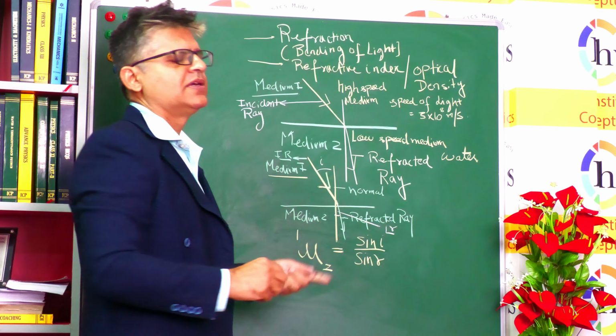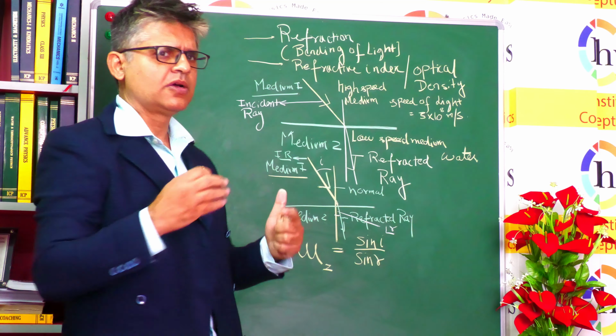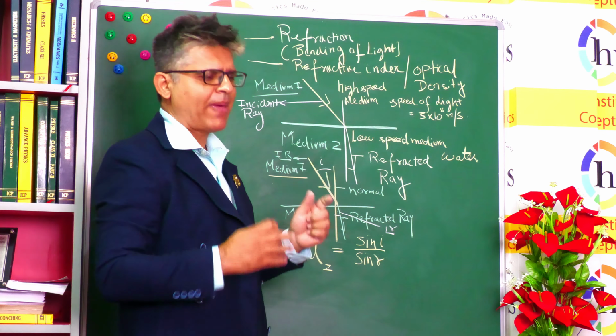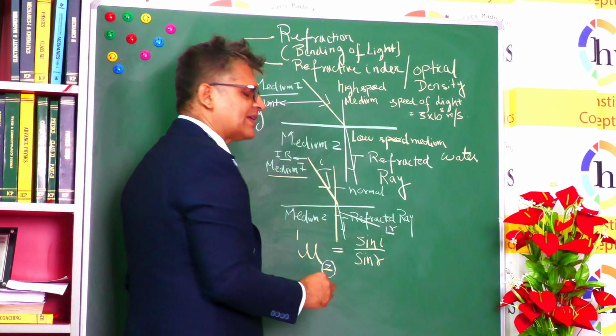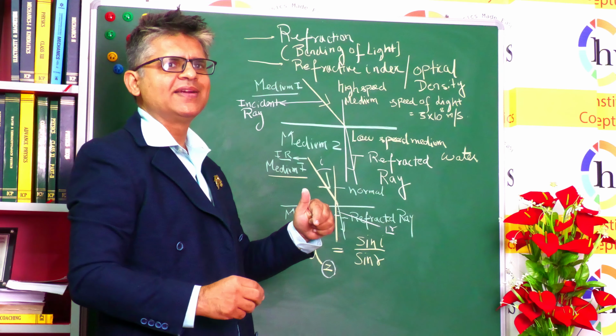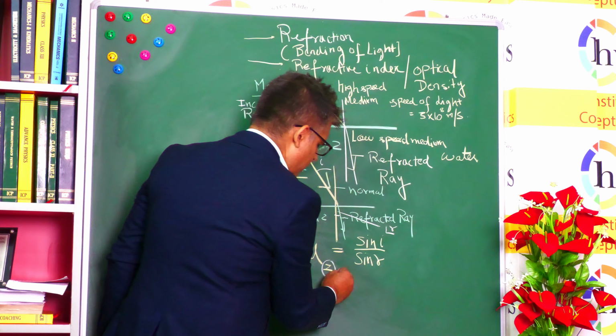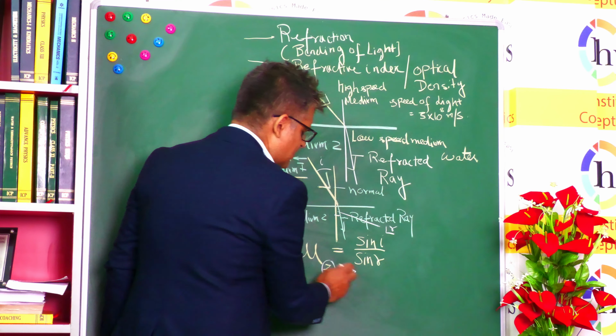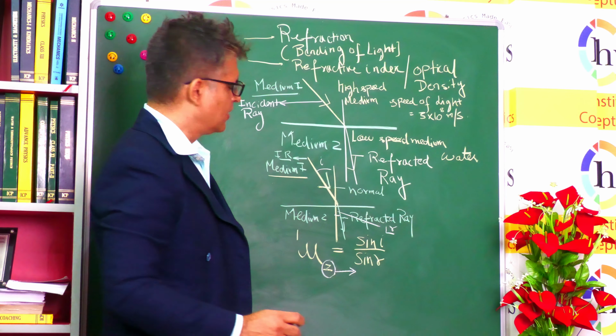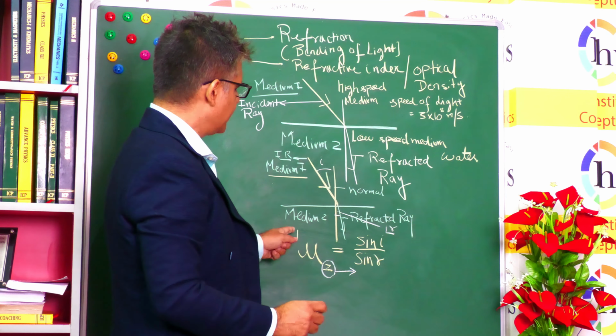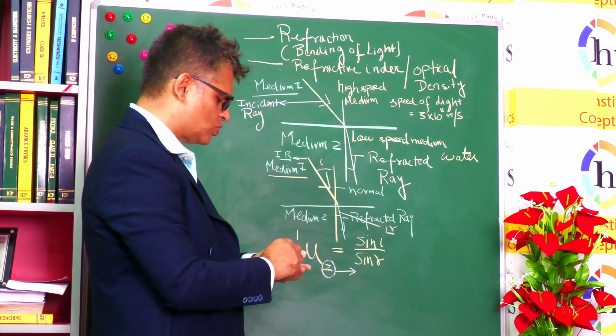The way you express this bending mathematically here is using refractive index equal to sine I by sine R. This is the refractive index of 2 because the refracted ray is inside medium 2, so you write the subscript down, and the incident ray medium, the medium upwards, is this one.